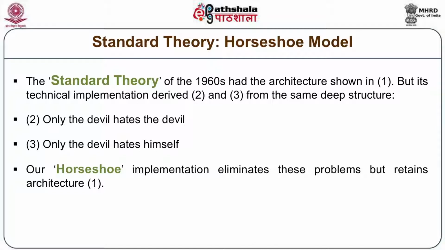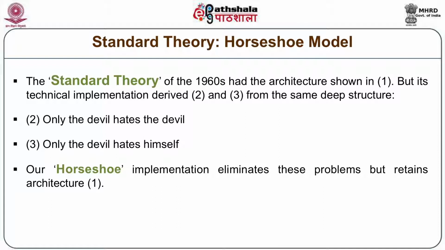The main mistake made in the 1960s that is corrected in this horseshoe implementation was the fact that back then the generative grammarians had adopted an exceptionally mechanical and rigid approach to the question of co-reference. As a result, they were unable to address the difficulty that "only the devil hates the devil" and "only the devil hates himself" have different meanings.